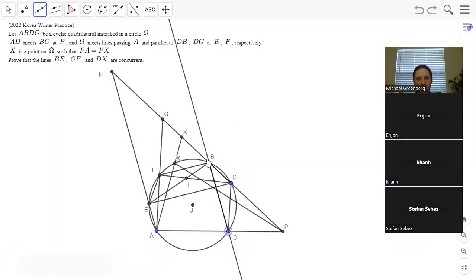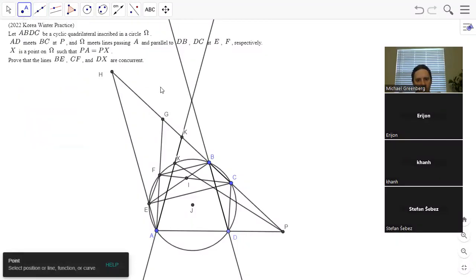So E would go to infinity. B and D stay where they are. And do we project through A? Well, we can project wherever we want, but I think A looks like a good option. But it has to be on the circle.